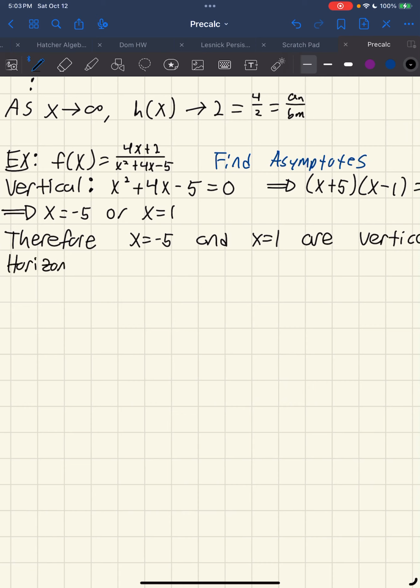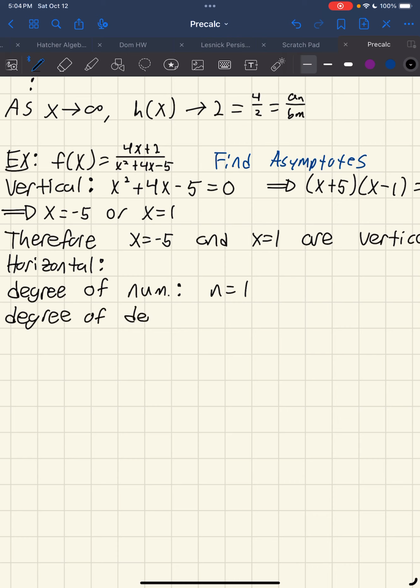Let's do horizontal. Well, horizontal is actually really easy in this problem. Because in this part, let's do the degrees. The degree of the numerator is just 1, because we have 4x to the 1 plus 2, so n equals 1.